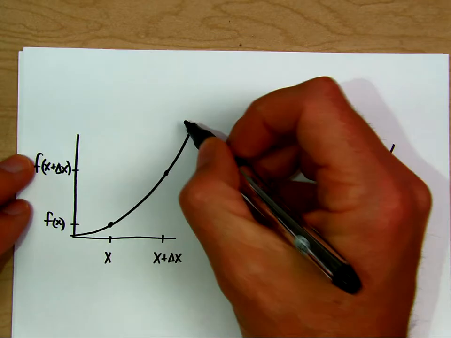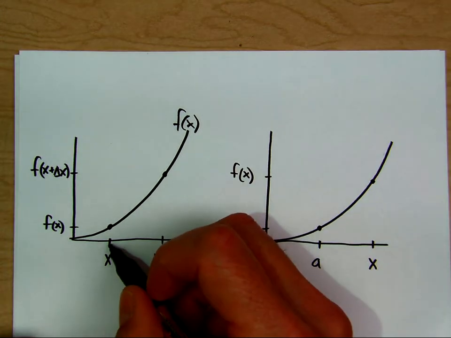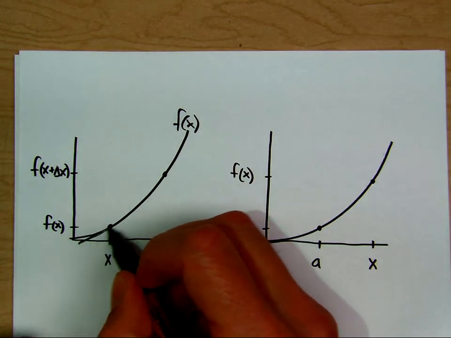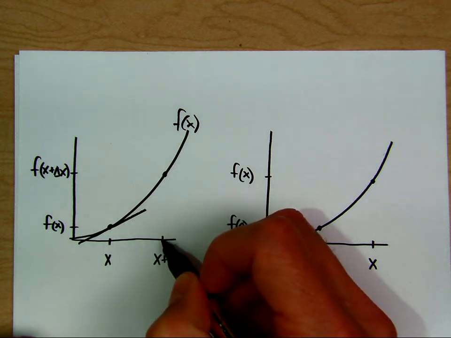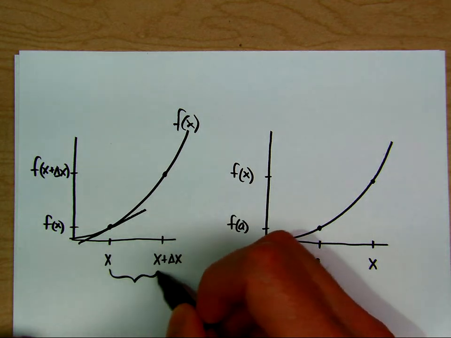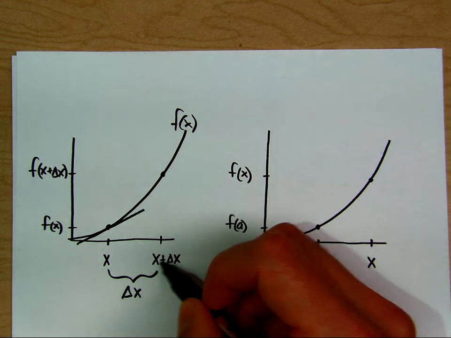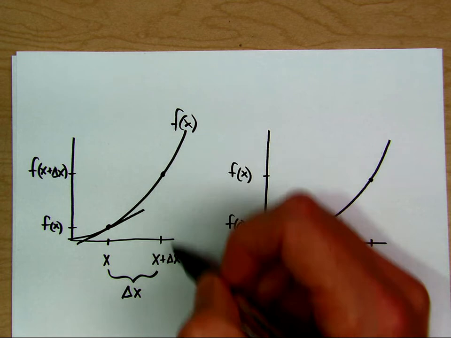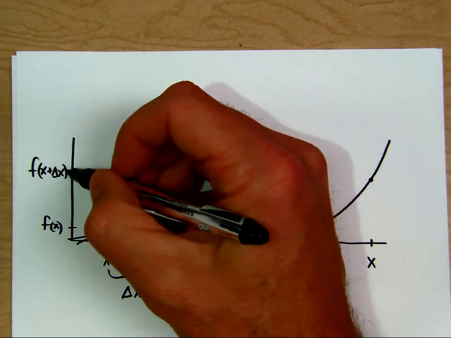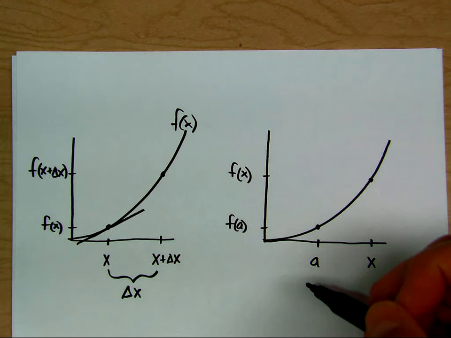So this will be any function, and we want the slope of the tangent line at x. So then we need to start some distance away from x. That distance is delta x. So this x value is x plus delta x. And then this y value is f of x plus delta x. This y value is f of x.